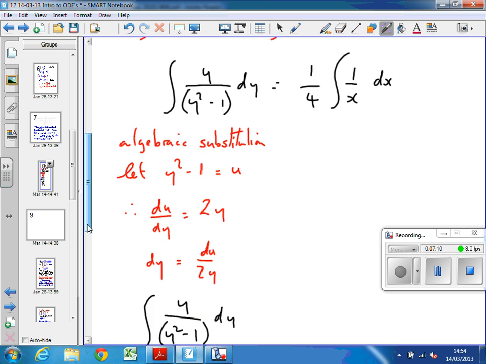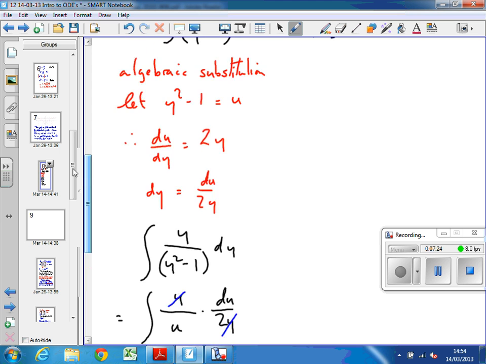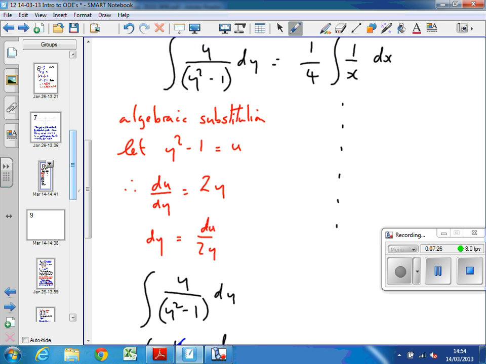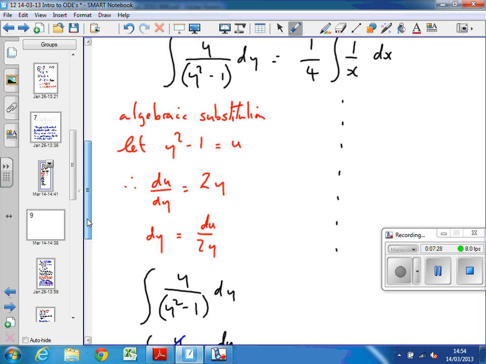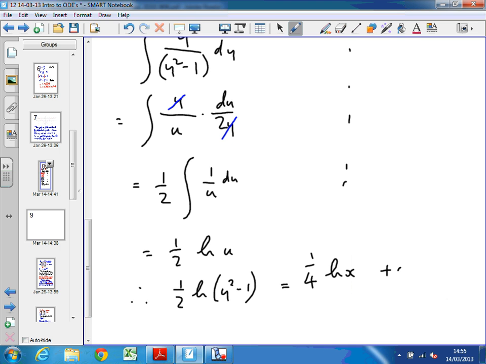So we've got a half log y squared minus 1 equals, bringing this right-hand side down, doing this integral, a quarter log x, plus c.